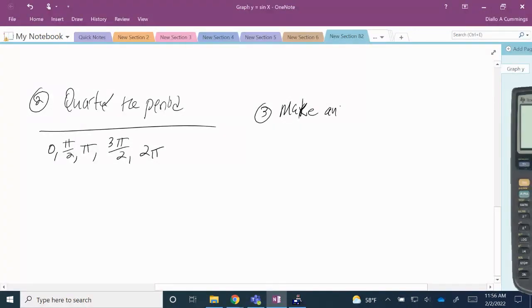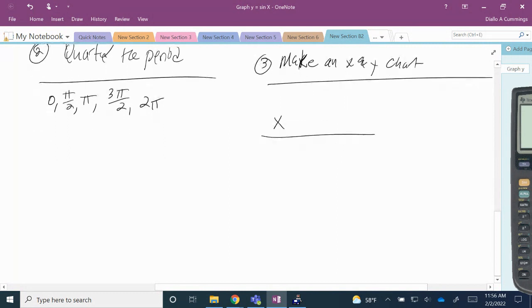Next, we're going to make an X and Y chart. So the values for X are those previous values.